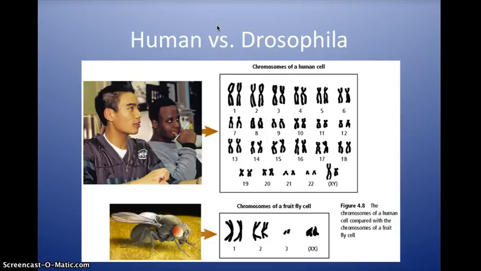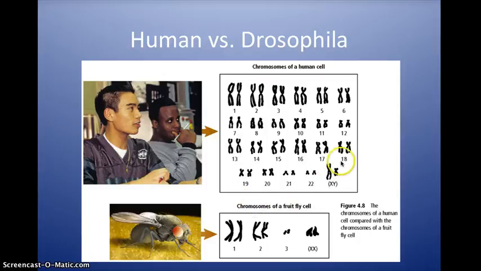So this diagram shows how many chromosomes a human would have versus a fruit fly, whose scientific name is Drosophila. So in a human, you can see that there are 23 chromosomes, and the 23rd is right here.